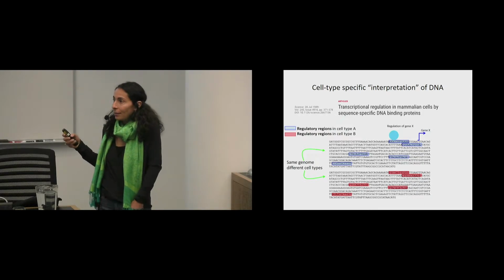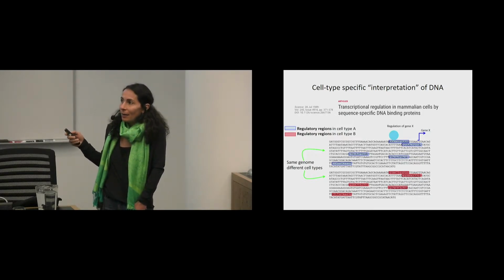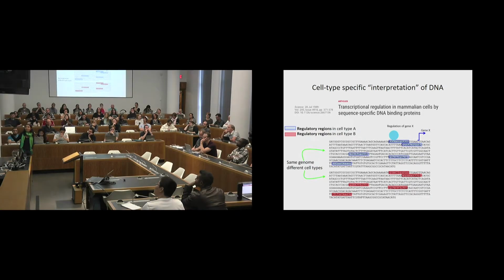To give you a little bit more background, basically the idea is that if you have two different cell types, they're using different regions of DNA to code for regulatory elements that regulate downstream gene expression levels that can then implement cell type specific gene expression programs.